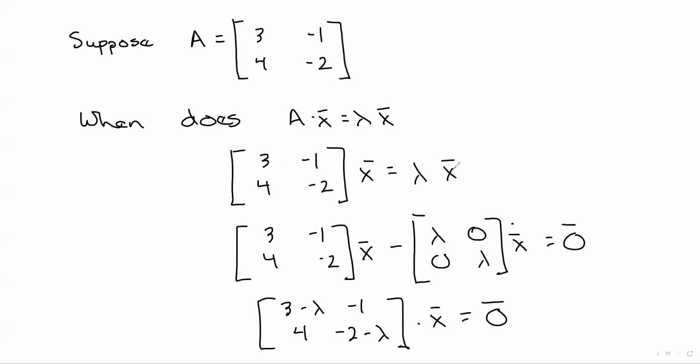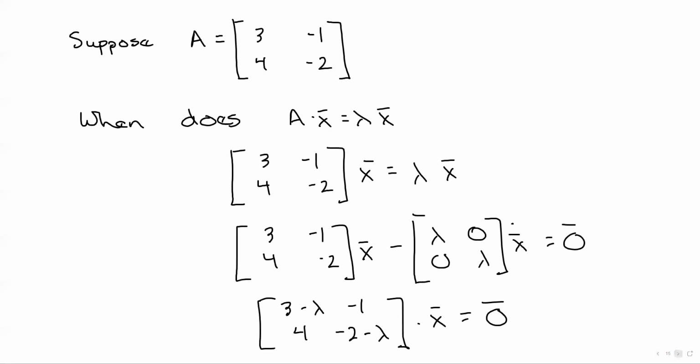That's the same thing as saying when is each of these true. And from all that gobbledygook on the previous pages, this is only going to be possible if the determinant of this is 0. If the determinant of this is not 0, then it's invertible, and that would force x to be 0. So we want to know when the determinant of this equals 0. We want it to not be invertible.